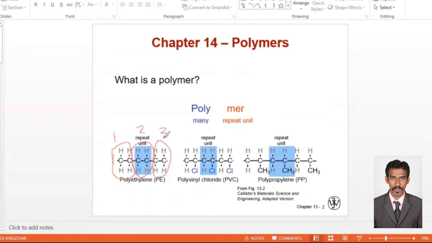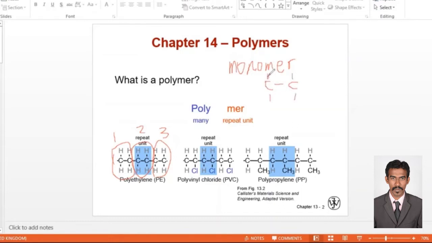A number of monomers join together to form a polymer. Monomer is a single unit, so in the single unit only this will come, 2C and 4H.